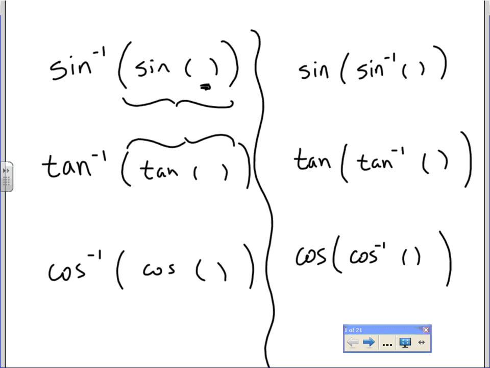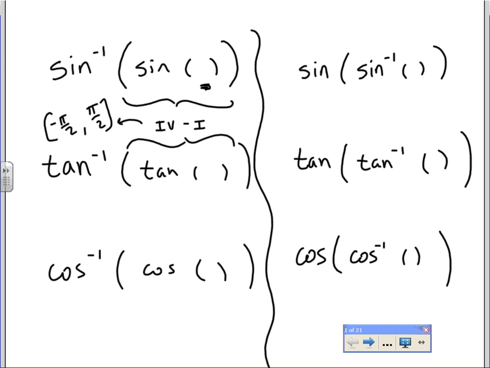That quantity has to be between the fourth quadrant and the first quadrant. A different way of writing that is that it has to go from negative pi over 2 to pi over 2. Those quantities have to lie in those ranges.